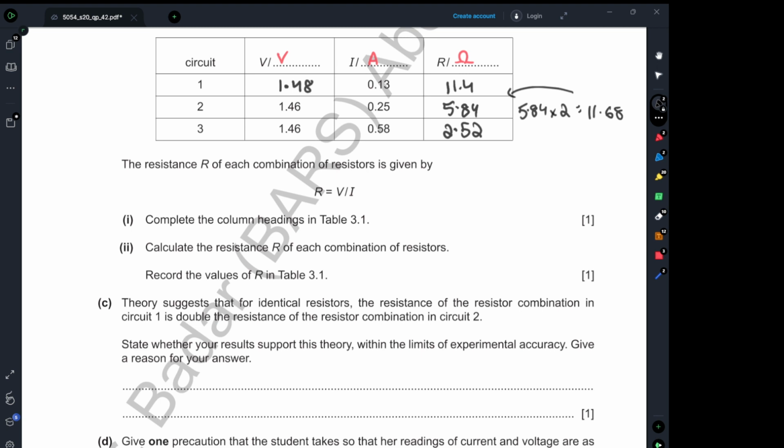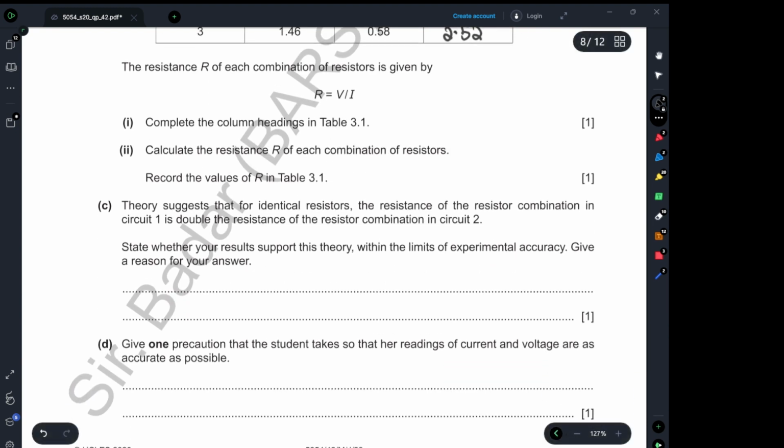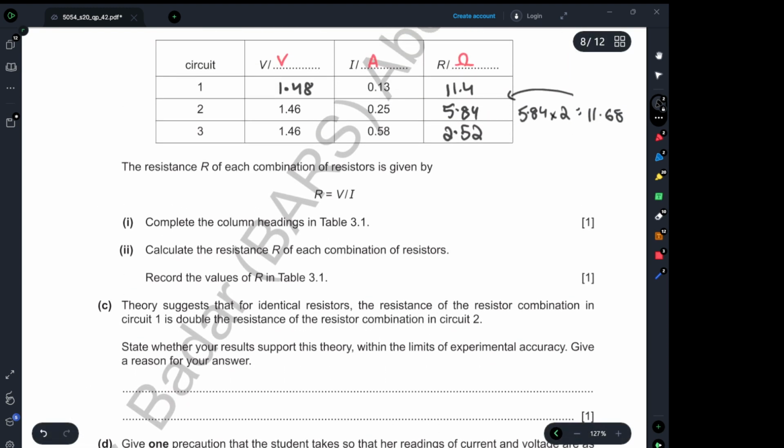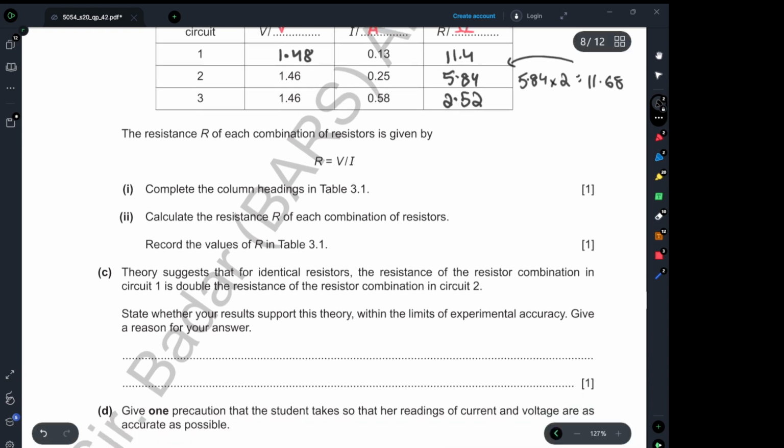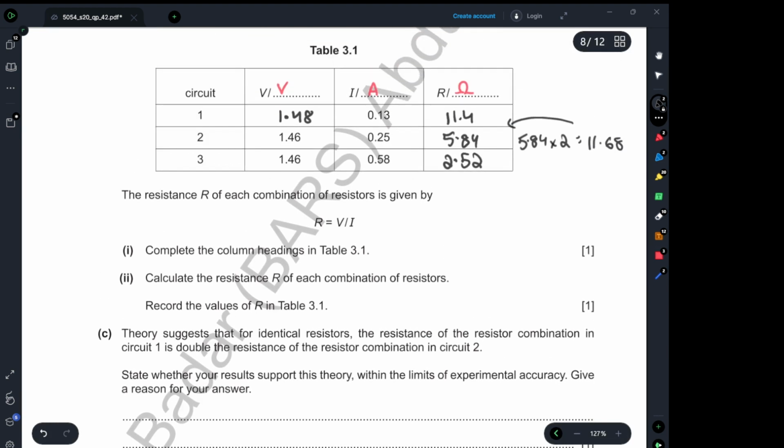तो it's not that big of a difference. ठीक है, usually जब हम errors देते हैं तो that should be somewhere around 5 to 10%. ठीक है, this difference right here is less than that.